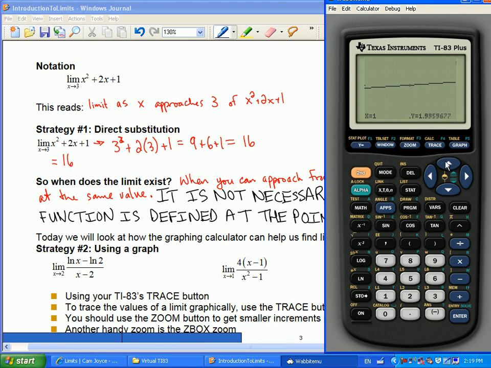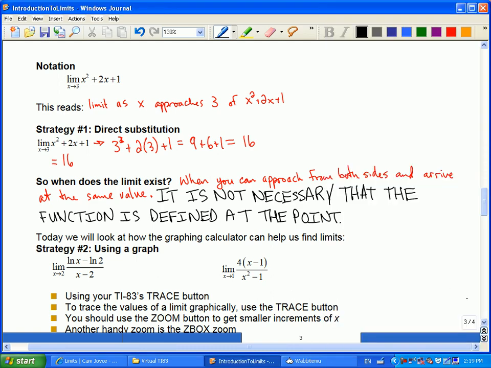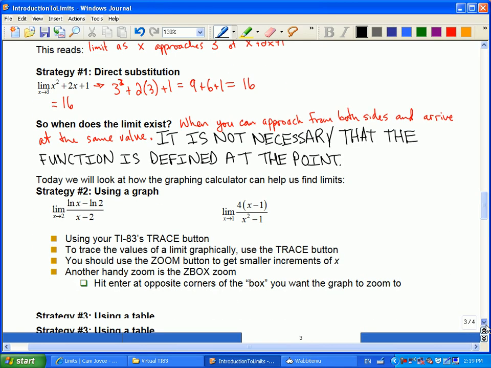That's where I end up if I approach from the right side. And if I approach from the left side, I also end up in the same spot. So for now, that's the definition we're going to work with. Basically, they both meet up, and you don't have to worry about whether or not it actually works in the middle. So let's try a couple together on the graph.